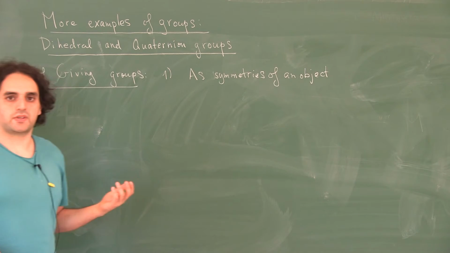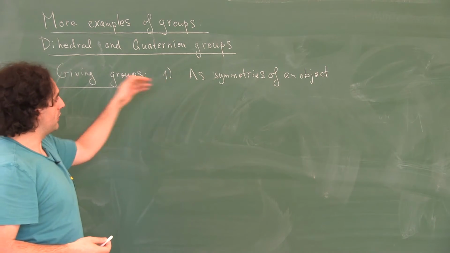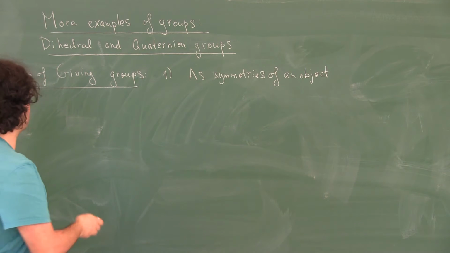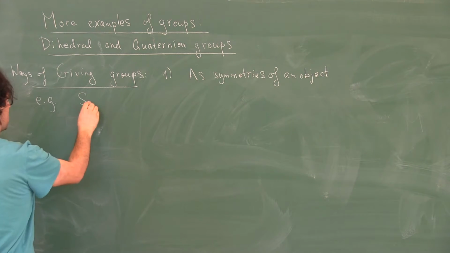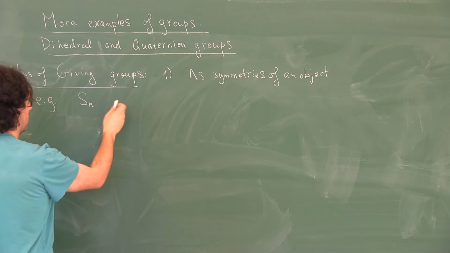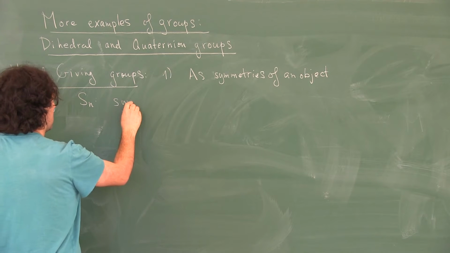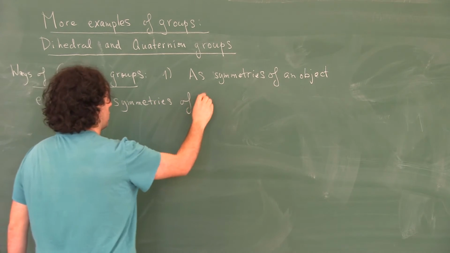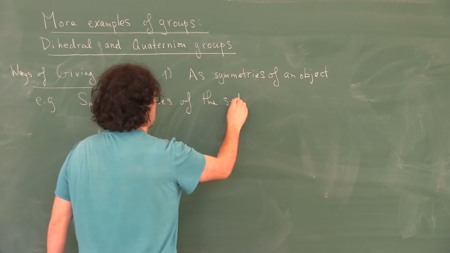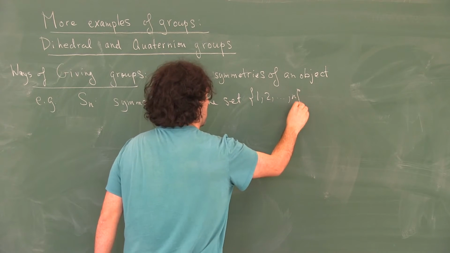Okay, so in the examples that you've already seen, we've seen this way of giving a group as symmetries. So for example, the symmetric group Sn is given as symmetries of the set 1, 2, up to n.